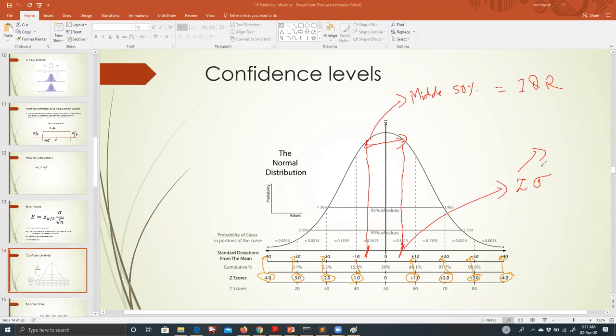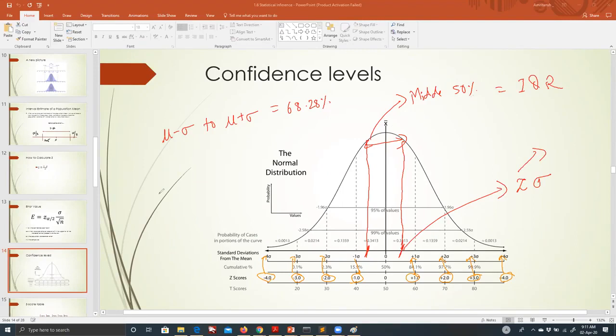Minus 1 sigma to plus 1 sigma? No, because now you are wrong here. Mu minus sigma to mu plus sigma is about 68%, but I just want the middle 50%, that is IQR.